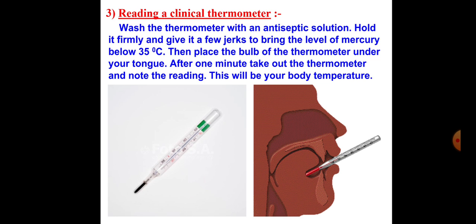Then place the bulb of the thermometer under your tongue. After some minutes, take out the thermometer and note the reading. This way, we measure the body temperature with a clinical thermometer.